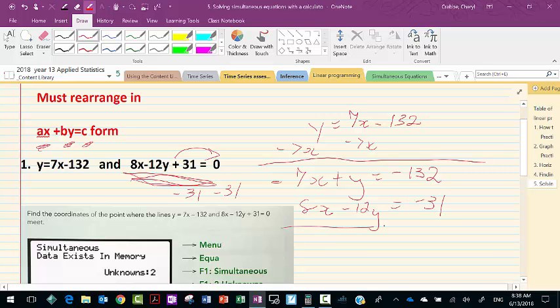So now we can enter these into our equations area in our Casio, and this is for Casio. So these coefficients: 7, there's nothing in front of the y so it's understood to be a 1, and then the negative 132, and then the 8, the negative 12, and the negative 31.